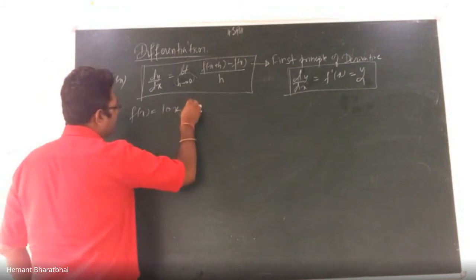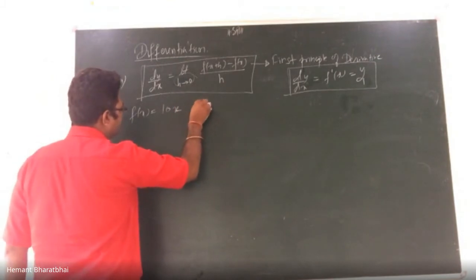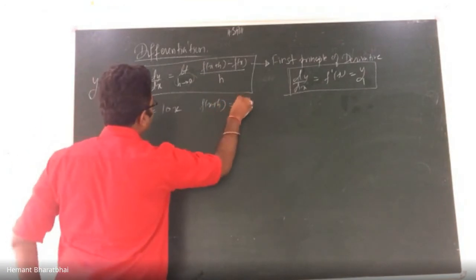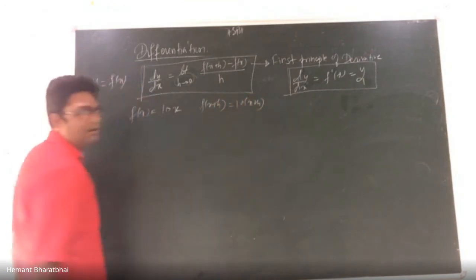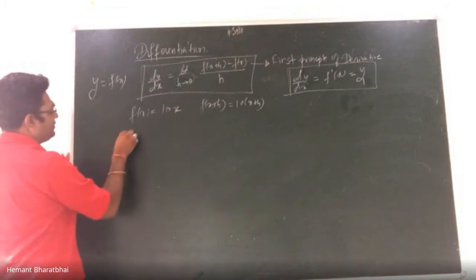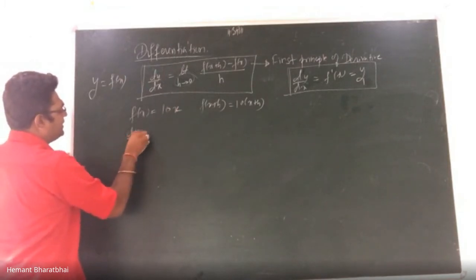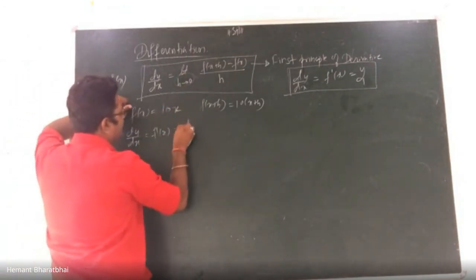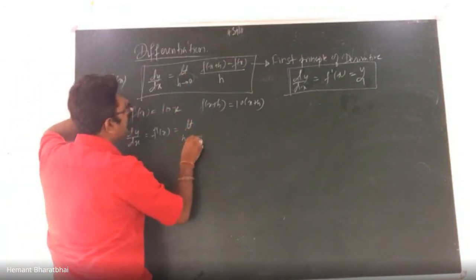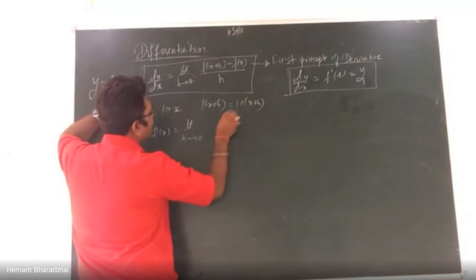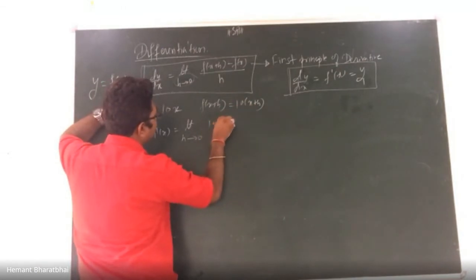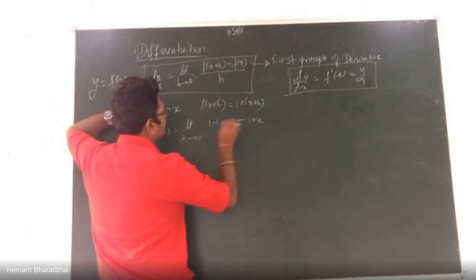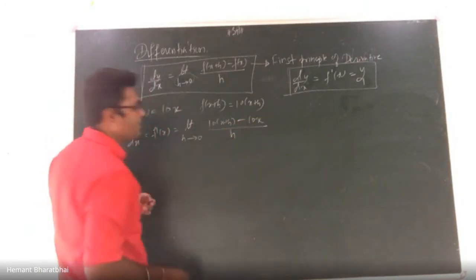So I want to find dy by dx or f dash of x. By this definition, f of x plus h will be nothing but 10 into x plus h. When I substitute, I get dy by dx, which is f dash of x, which by this definition is the limit of h tends to 0, f of x plus h, that is 10 into x plus h, minus f of x, that is 10x, upon h.